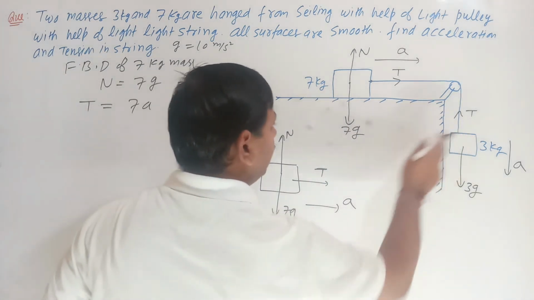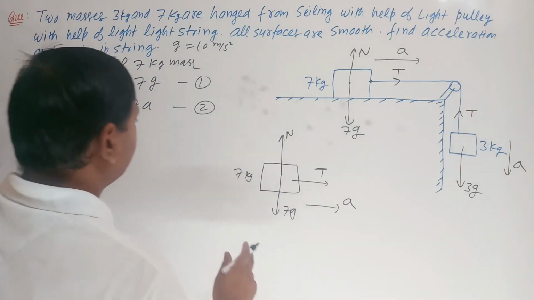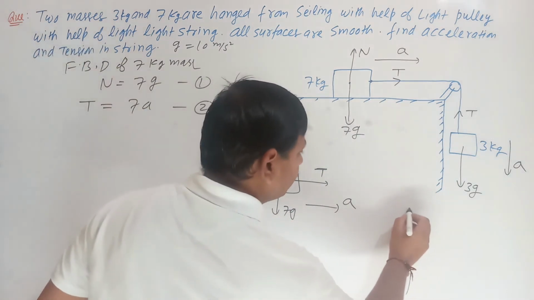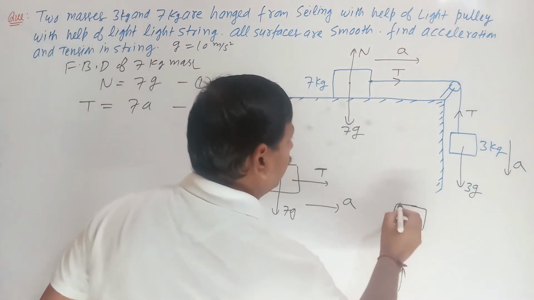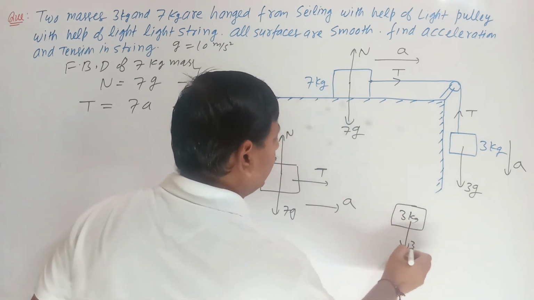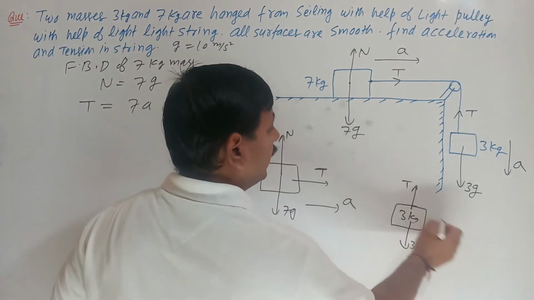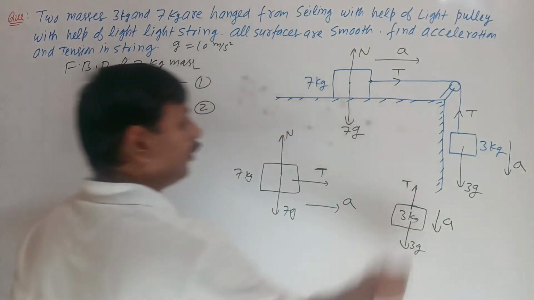If you go to the free body diagram of the 3 kg, how many forces are acting? 3g weight downwards, tension upward, and it has a tendency to go downwards.